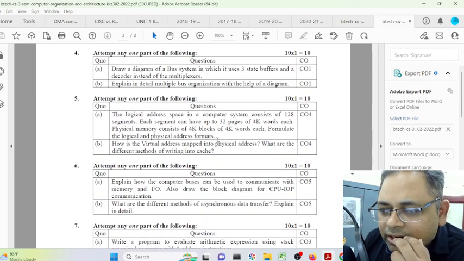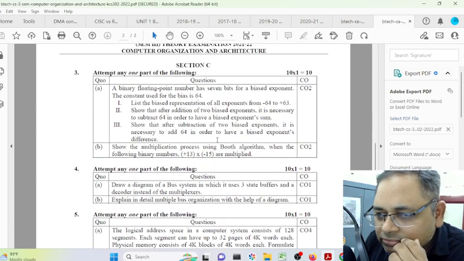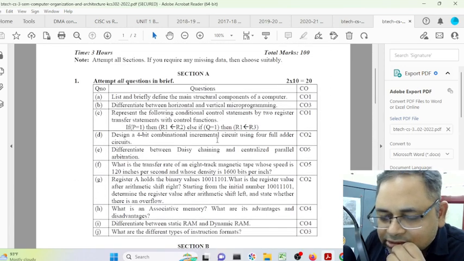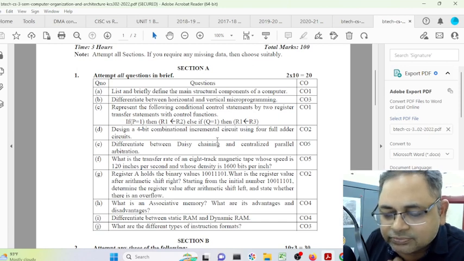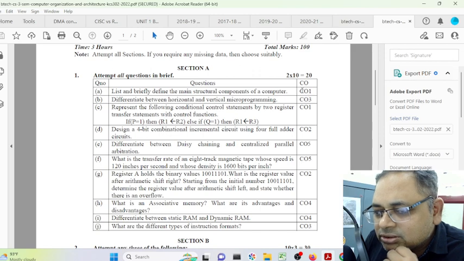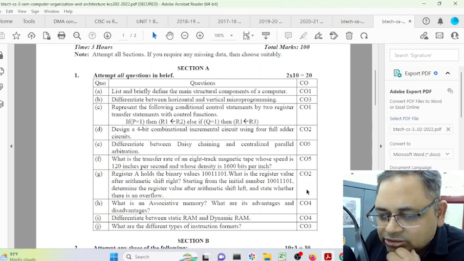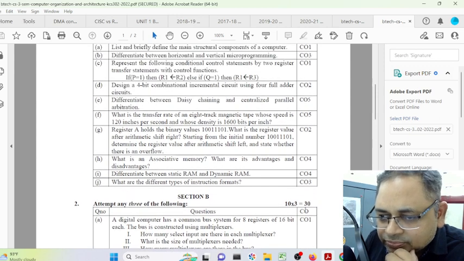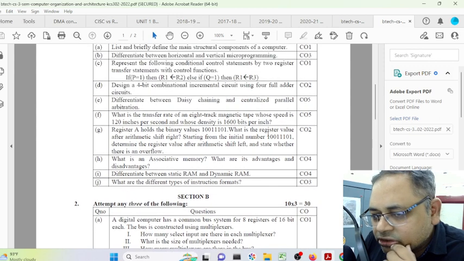These are 10 marks, and obviously you all know that these are of 2 marks. I'm quite sure that CO1, CO3 and CO5, these terms represent which question relates to which unit of the syllabus.